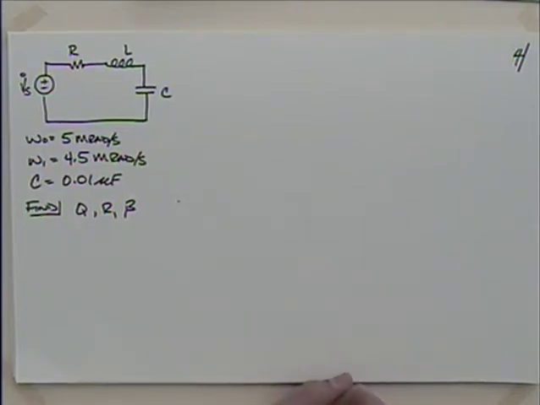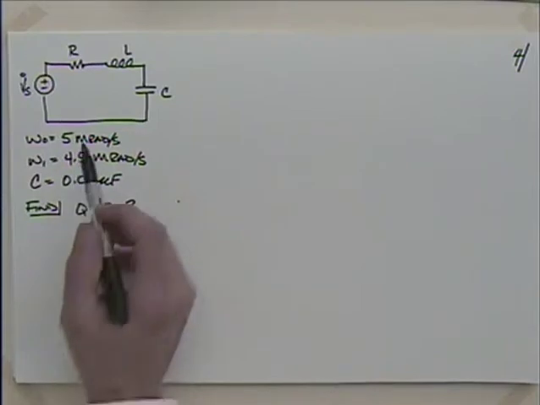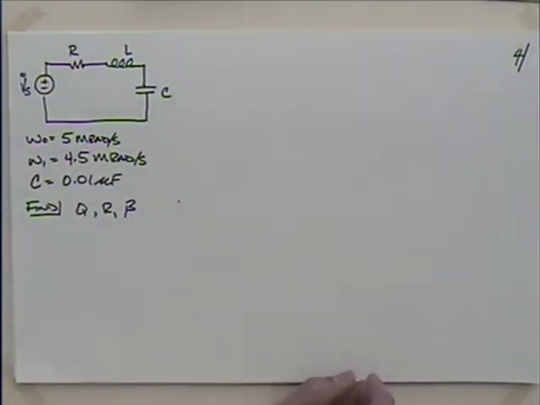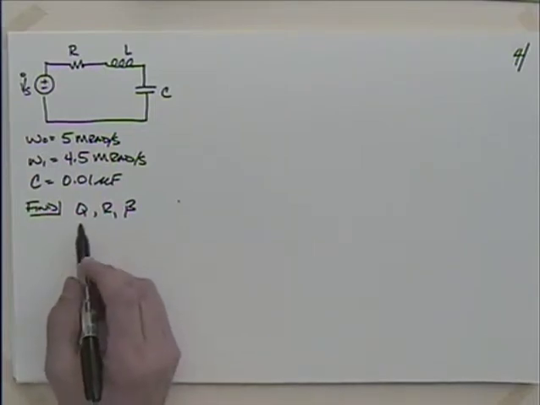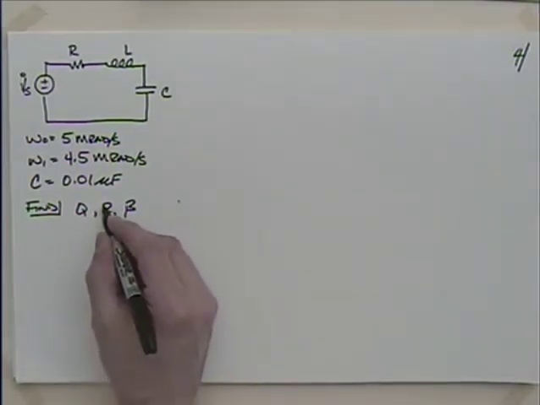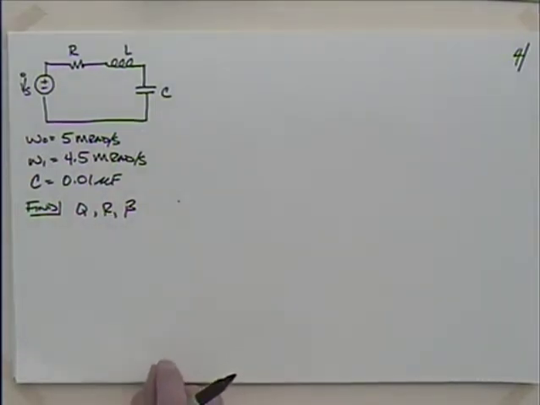We're told what the resonant frequency is, omega naught, 5 mega radians per second, or 5 million radians per second. Omega 1, 4.5 mega radians per second. Capacitance, 0.01 microfarads. So I guess we know C, but we don't know R and L. And in fact, what we are trying to find is the quality Q, the resistance R, and the bandwidth beta. Okay, so let's see if we can do that.